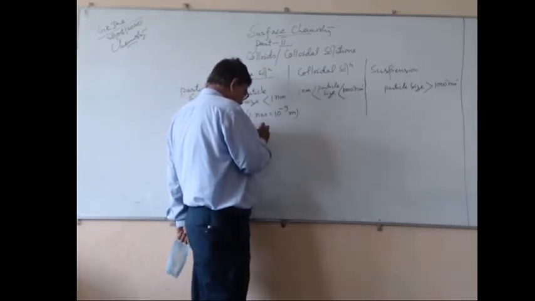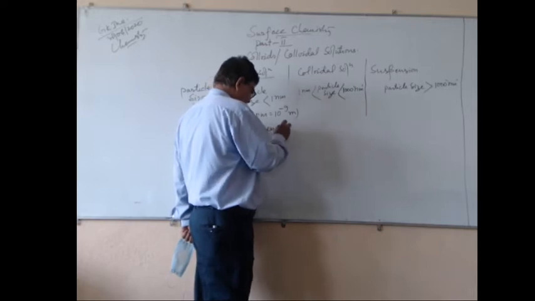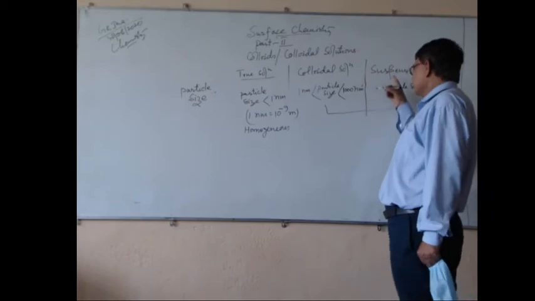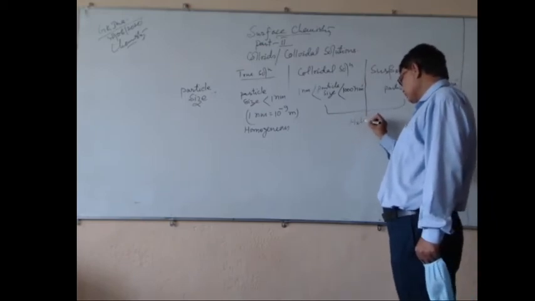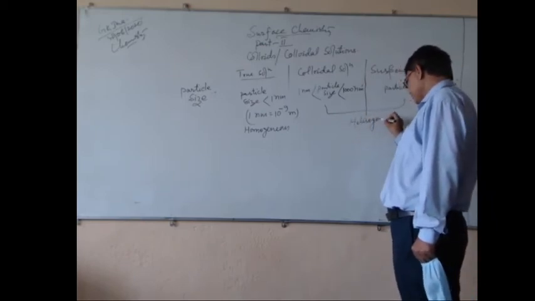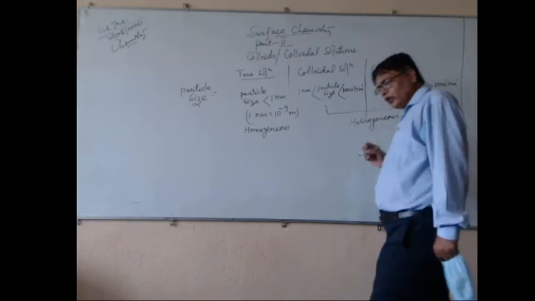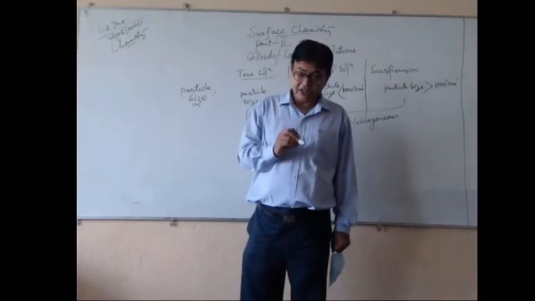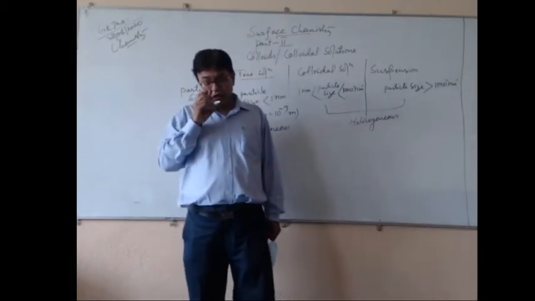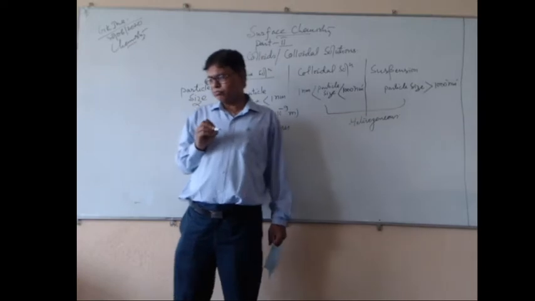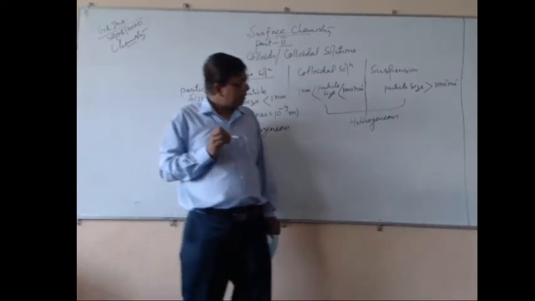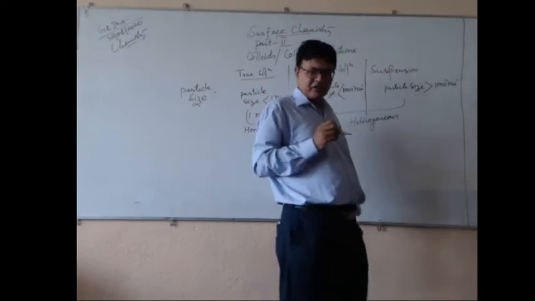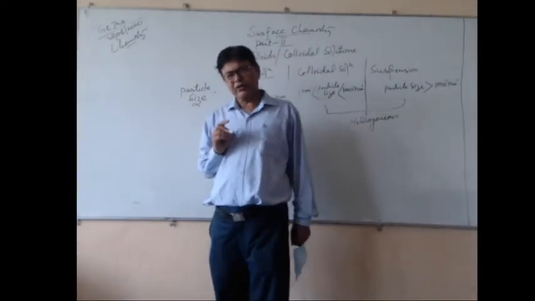A true solution is homogeneous, and both colloidal solution and suspension are heterogeneous. Milk looks as if it were a homogeneous solution, but in fact, if seen through an ultramicroscope, it has been found that milk is a heterogeneous solution. Suspension is also a heterogeneous solution.